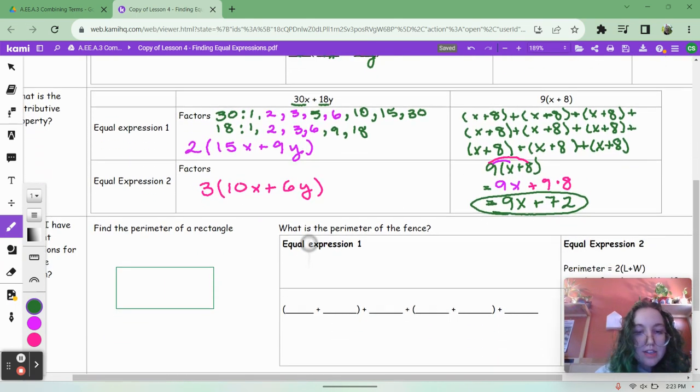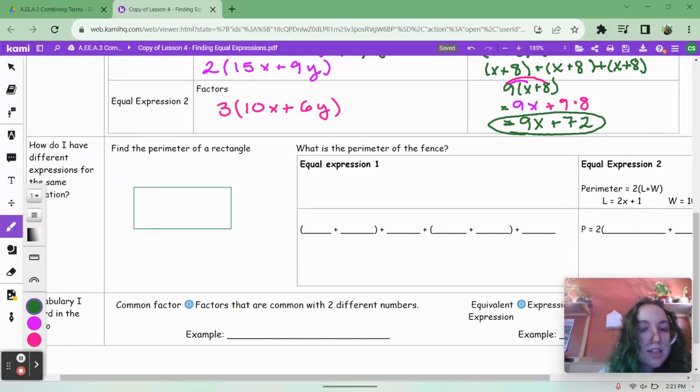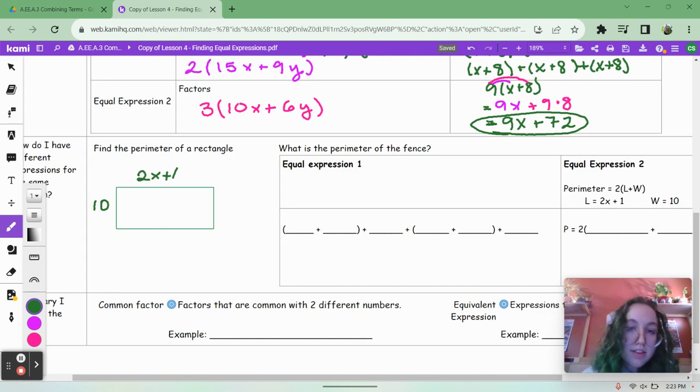With this last one, we're finding the perimeter of a rectangle where the length is 2x plus 1 and the width is 10. If I want to find the perimeter of the fence, meaning I add the side lengths together, I could add the length, which is 2x plus 1, to the width, which is 10.